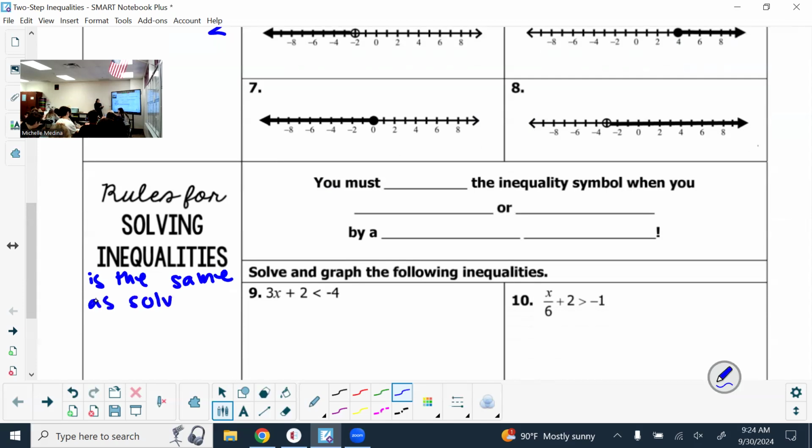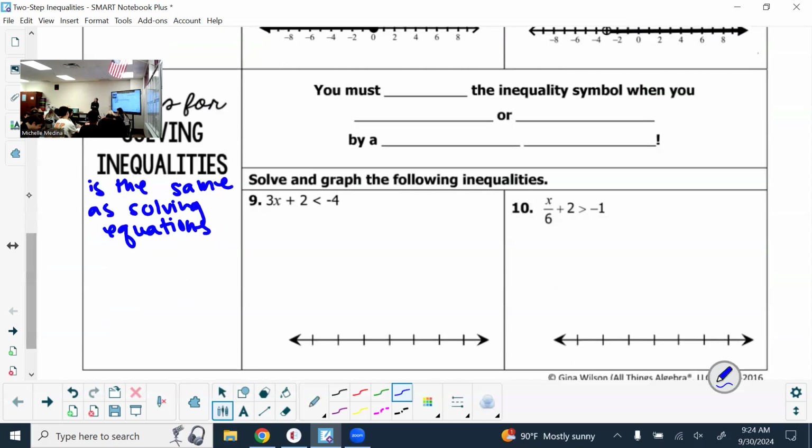You still want to isolate the variable, but it's the same as solving equations, except for when you flip the symbol. All right, so solving inequalities is the same as solving equations, except for when to flip the symbol.